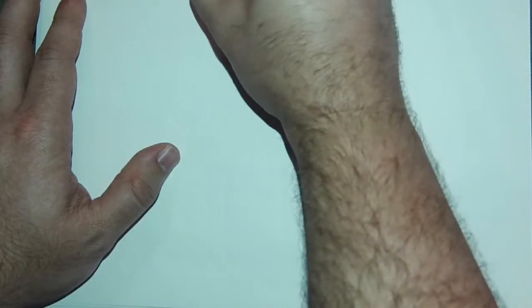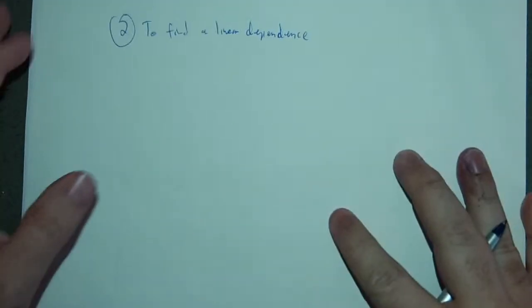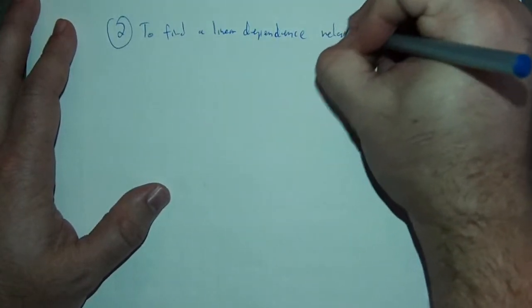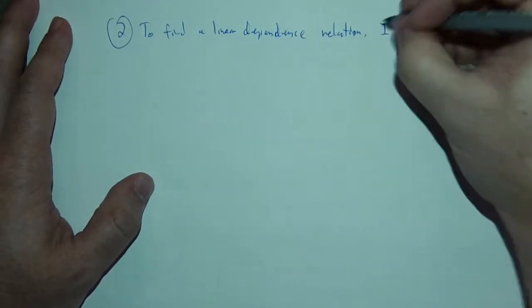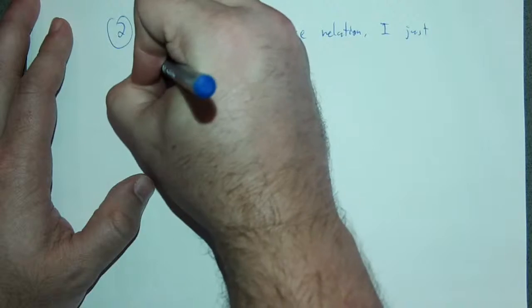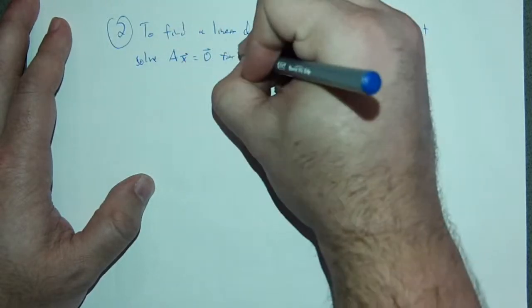So, if they're linearly dependent, I need to find a linear dependence relation. To find a linear dependence relation is actually to just finish what I was doing and find an actual solution. So I just solve AX equals 0 for a specific solution.